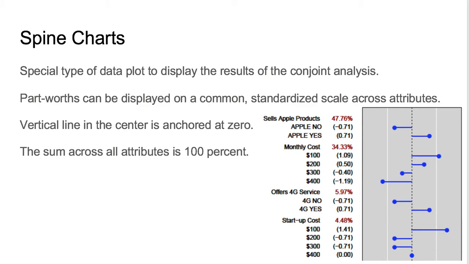And the consumer ranks the four service providers about equally. Having a nearby retail store is not an advantage. So this is pretty much about the spine charts and about the conjoint analysis.